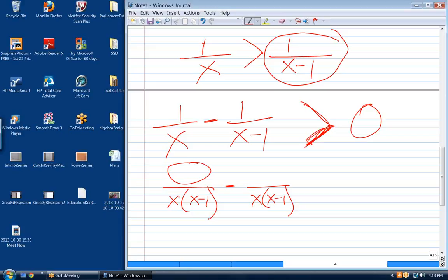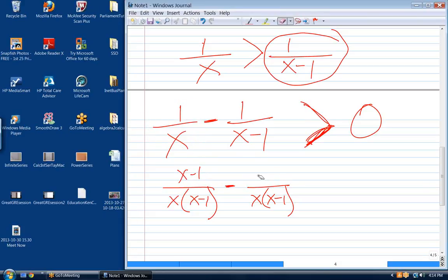In order to get this denominator, I've got to multiply this fraction by x minus 1 over x minus 1. So that leaves x minus 1 right there. Now, you see how this fraction is the same as this fraction? Yeah, I get that.